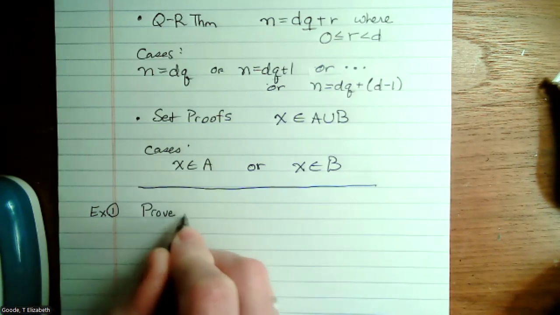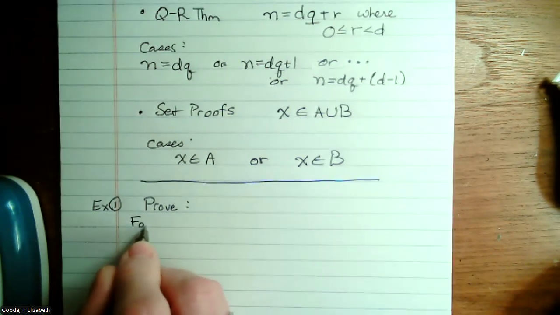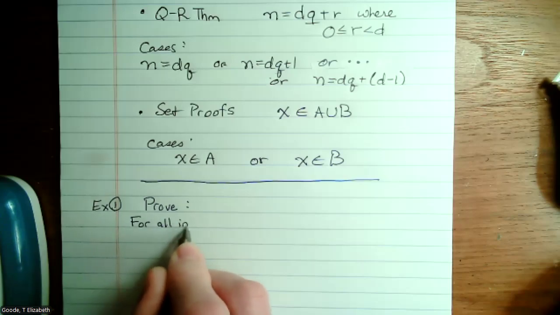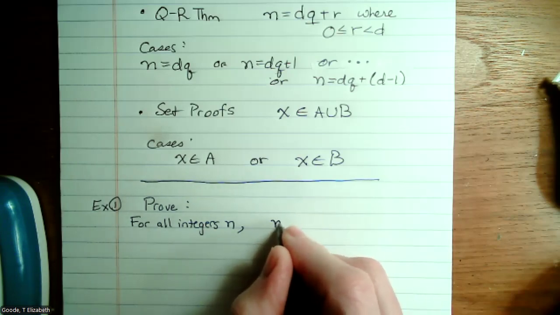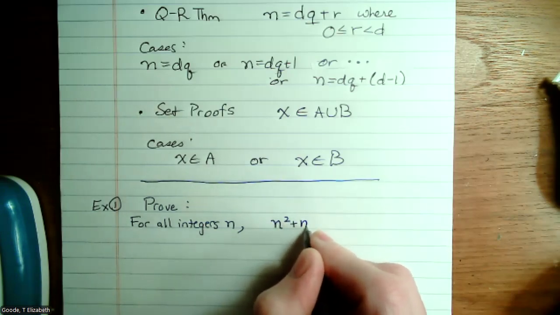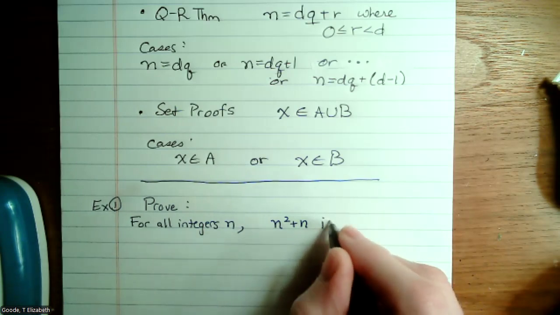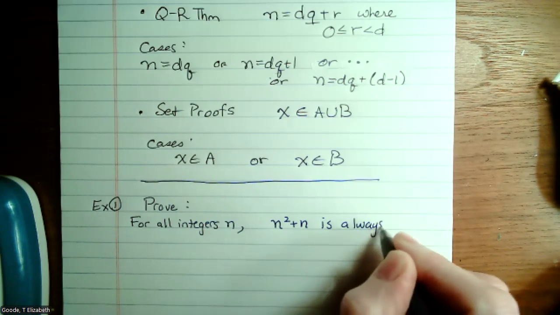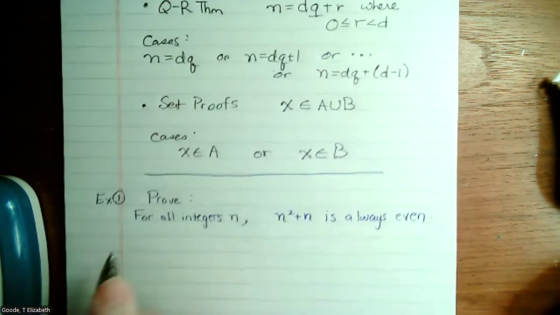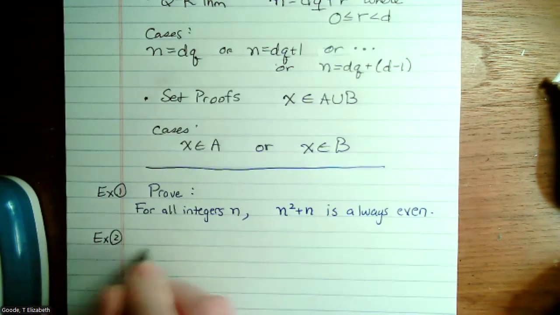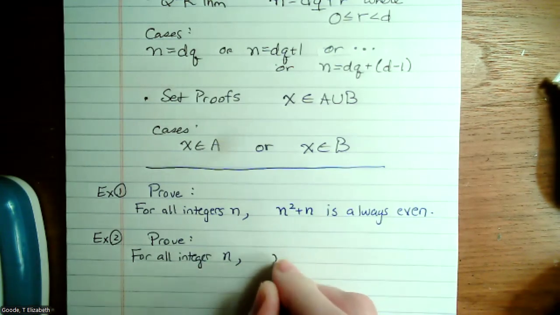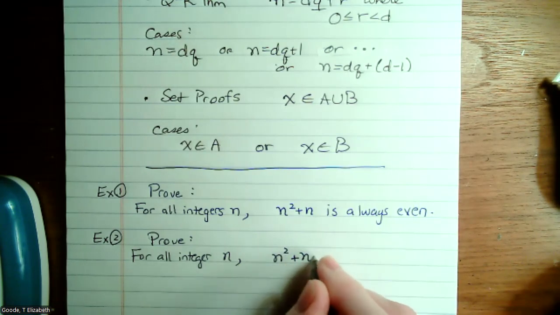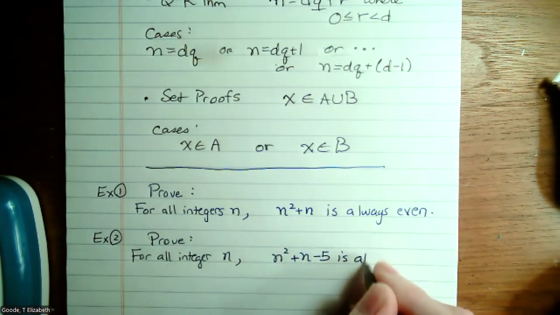Prove for all integers n, n squared plus n is always even. And then another example would be to prove for all integers n, n squared plus n minus 5 is always odd.